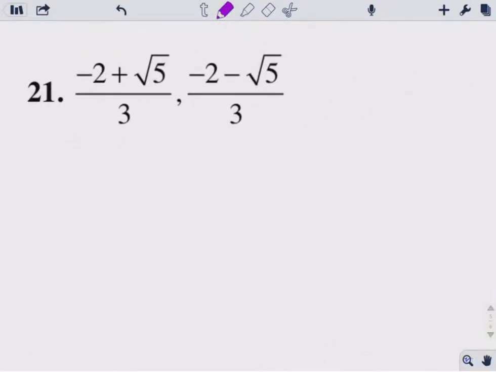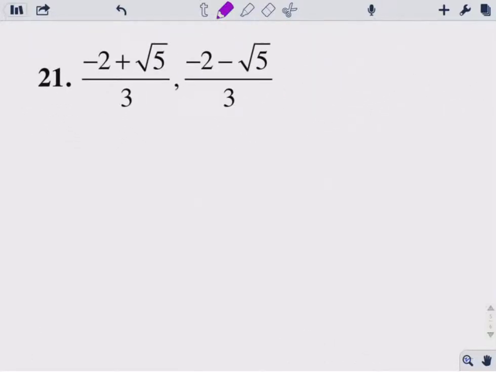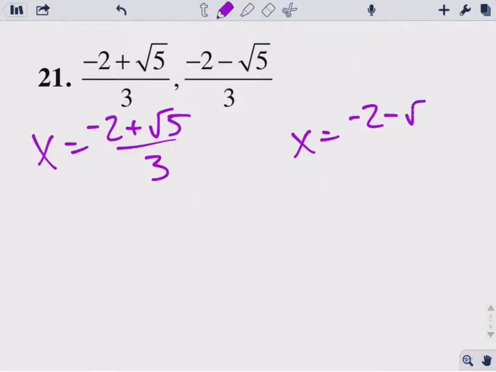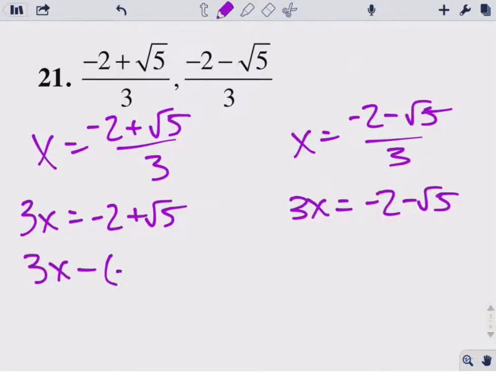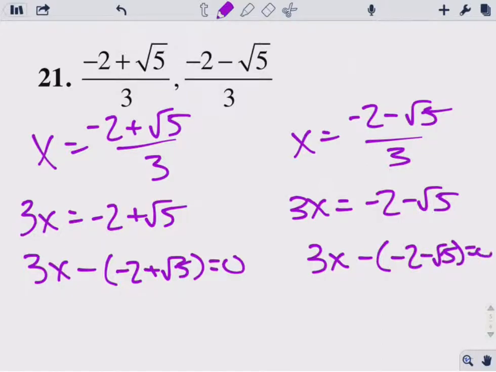Alright, again, x equals negative 2 plus root 5 over 3. X equals negative 2 minus root 5 over 3. Again, those are conjugates. 3x is equal to negative 2 plus root 5. 3x is equal to negative 2 minus root 5. 3x minus negative 2 plus root 5 equals 0. 3x minus negative 2 minus root 5 is equal to 0.